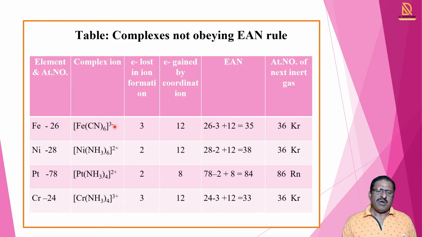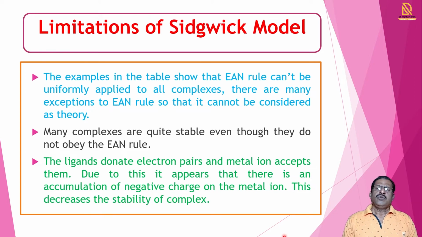See, by solving this, we get the value 35 for Fe, then 38 for nickel, 84 for platinum, and 33 for chromium. It means here the EAN rule is not obeyed. So simply, according to the EAN rule or Sidgwick model, these complexes are not stable complexes. But actually these are stable complexes. So there are some limitations of this theory. Now we see the limitations.